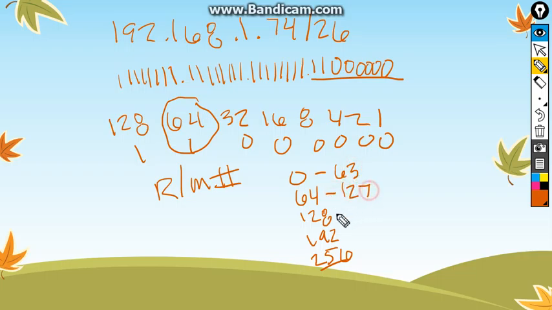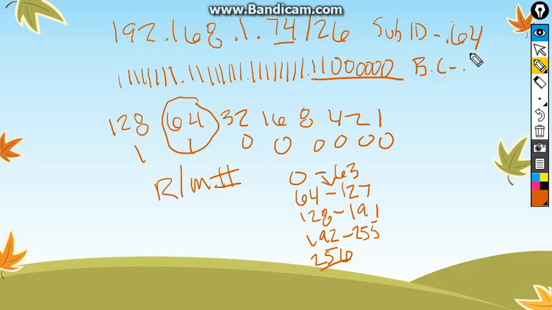Same thing with 127, 191, 255. Sweet. So where does 74 lie? It lies right here. The subnet ID equals .64, and the broadcast address is .127. Sweet.